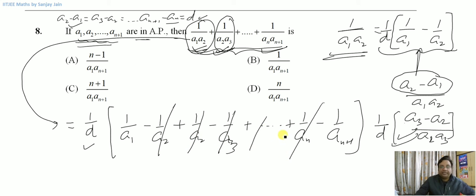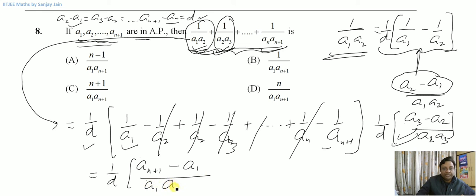Up to 1 by An, all these terms will get cancelled, and you will have 1 by d, and inside you will have this term and this term, which can be written as (A(n+1) minus A1) divided by A1 A(n+1). And it is equal to 1 by d into, this A(n+1) is a plus nd. What is a?